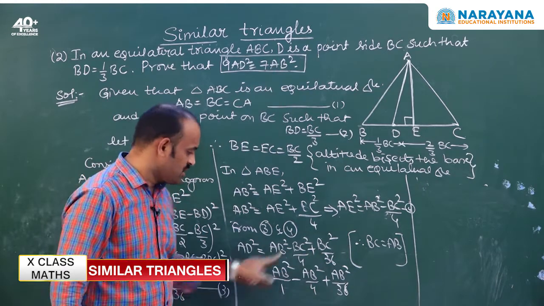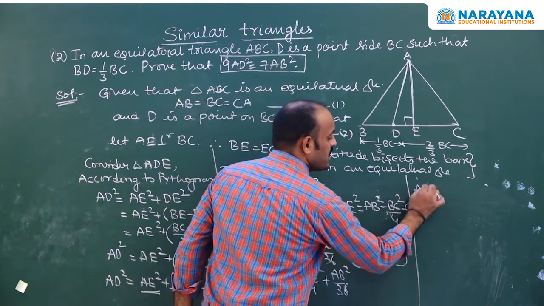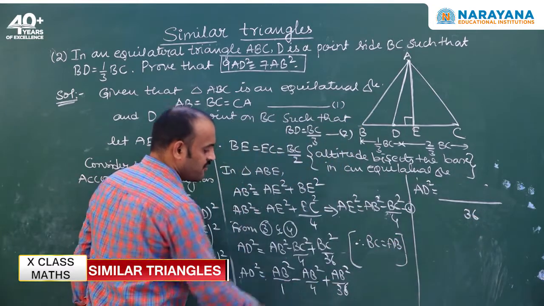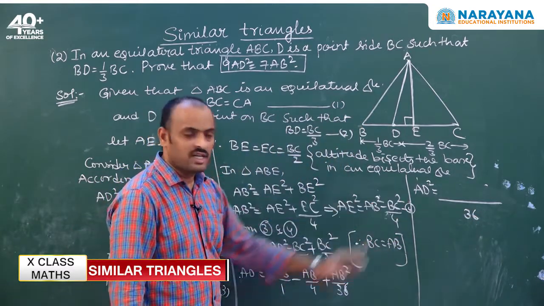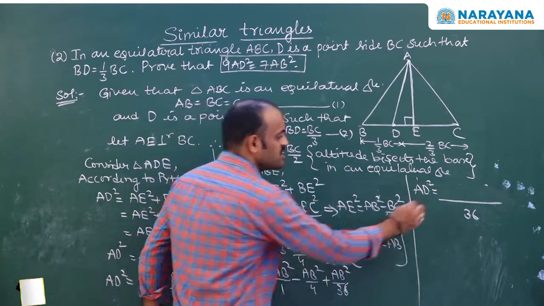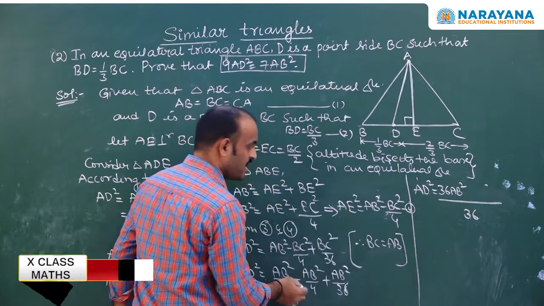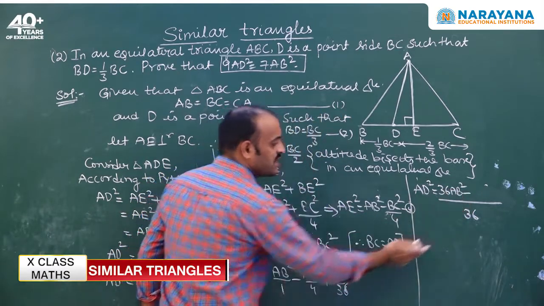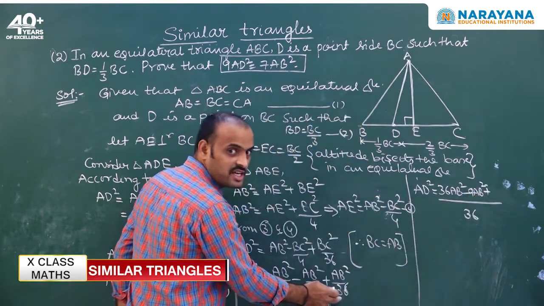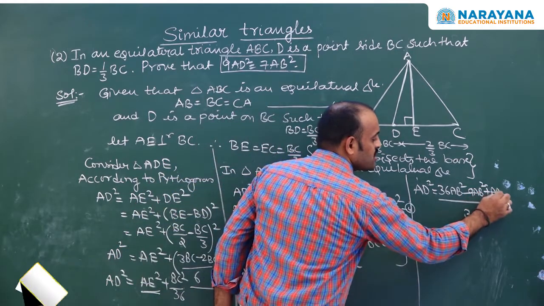Now taking the LCM here, AD square is equal to, for 1, 4, 36 LCM is 36 only. One, how many times is 36? 36 times. So 36 AB square minus 4 9s, so 9 AB square, plus already 36 is there, so only AB square.